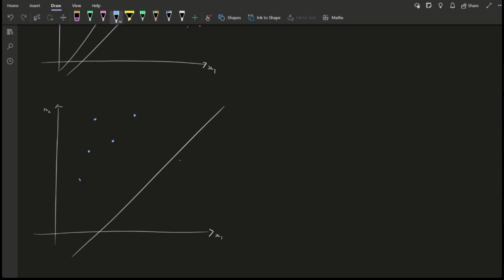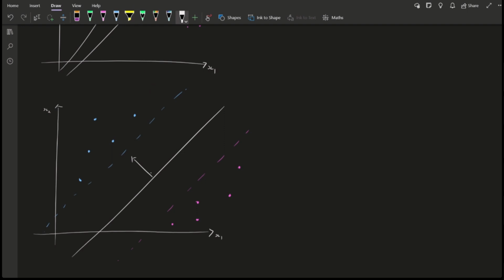And we want this decision boundary to be far away from our data points, maybe about this far. We can see this decision boundary as a decision boundary with some margin. And we can visualize the two margins: that's the margin on the positive side, and the margin on the negative side.